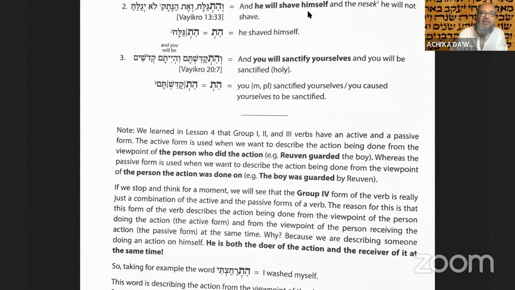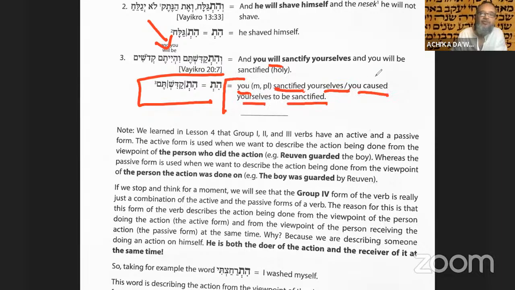In the example, they put "you will," but down here, they did it properly because they didn't introduce that clause right here. They said "you sanctified," past tense, "yourselves." You caused yourselves to be sanctified. This is true. Like I told you, if you got rid of this little clause right here, then it would be that. So they weren't fair in that presentation.